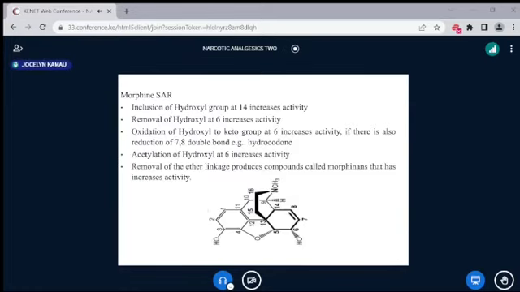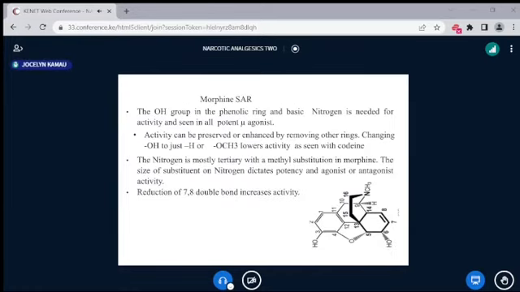I decided let's first of all have an idea of the very general SARs before we look at each of the changes specifically, and of course also giving the necessary examples.